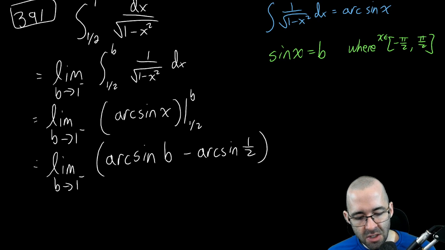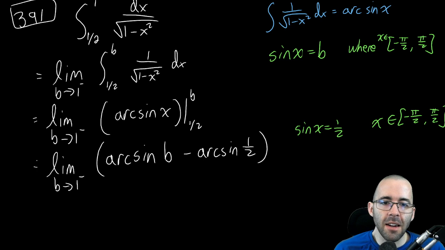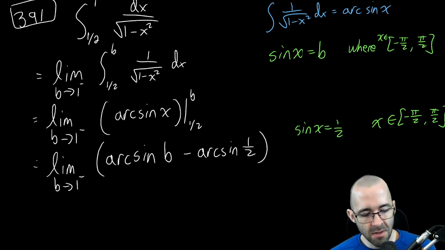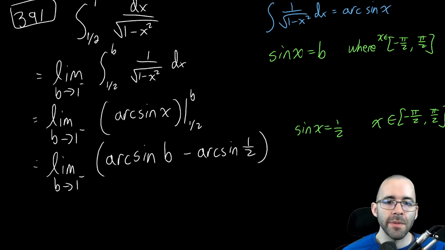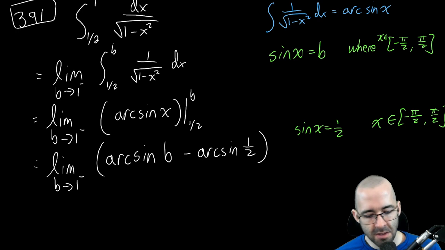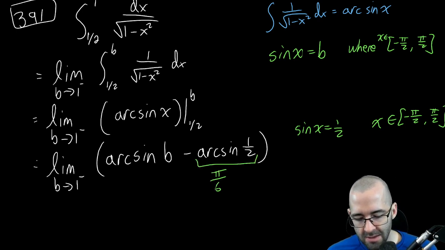And then we have another question, sine of what angle is equal to 1/2, where again, x is in that same region. So we're going to get, it's a positive ratio, so it'll be in the first quadrant. These are 2 quadrants, first and fourth. And 30 degrees, pi over 6. This is pi over 6.